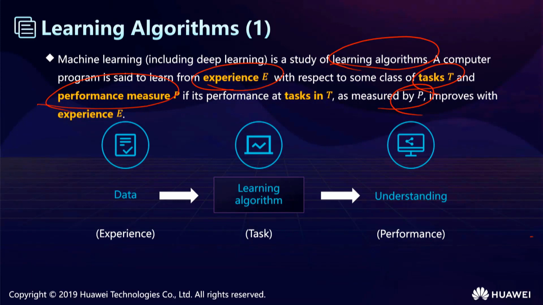The performance improves with experience E. Compared with human learning, the computer uses data as experience, uses learning algorithms as the task, and uses the learning results, understanding and predictions as its performance.